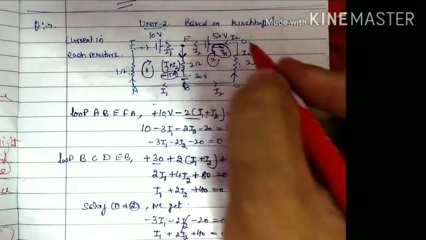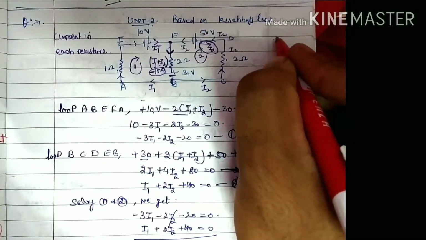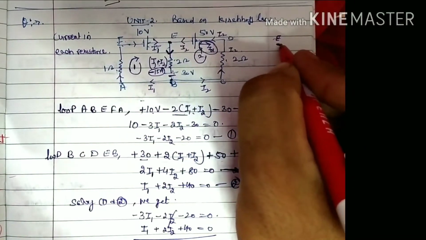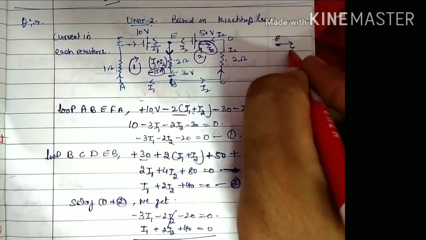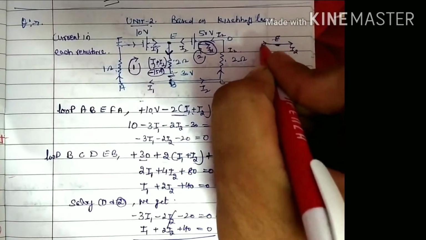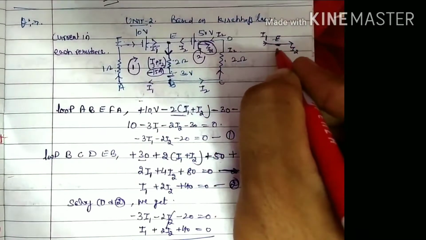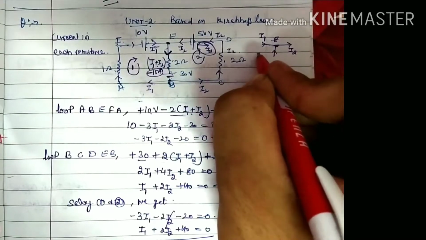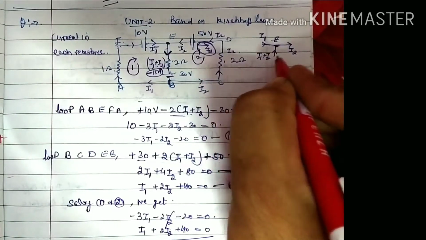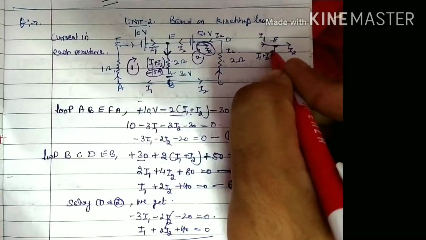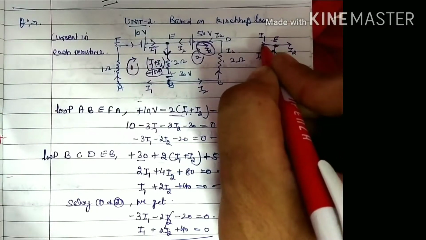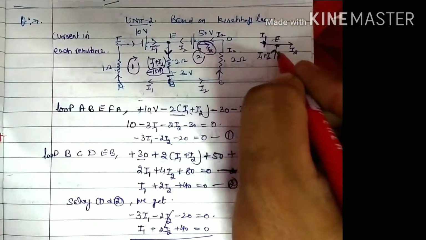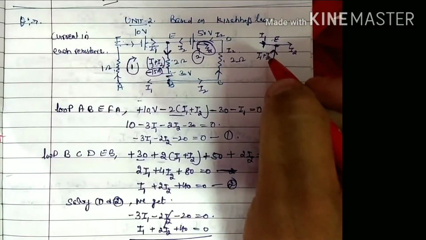So here suppose I am making junction E, so I2 should be toward this side, I1 this side, and I1 plus I2 toward this side. This is the actual direction of the current in the circuit.